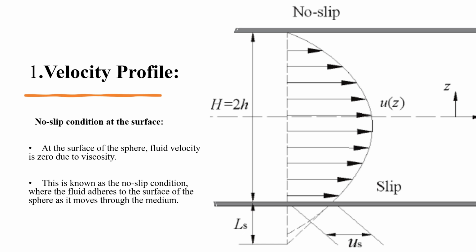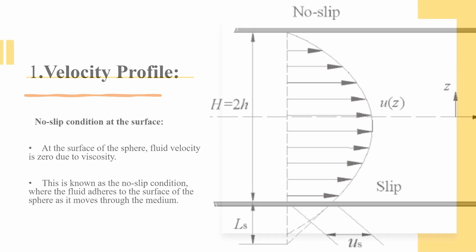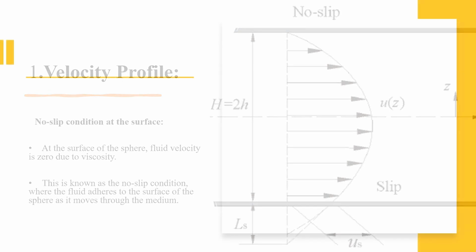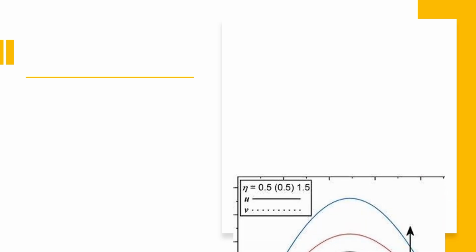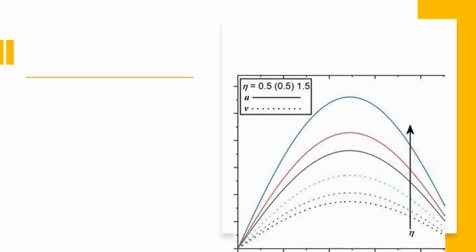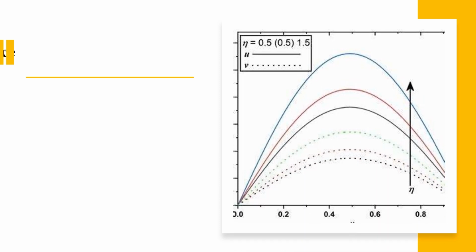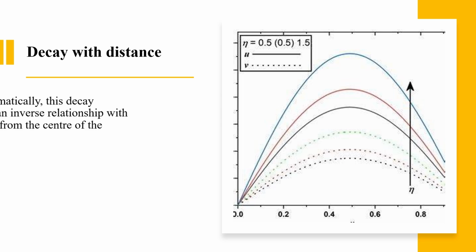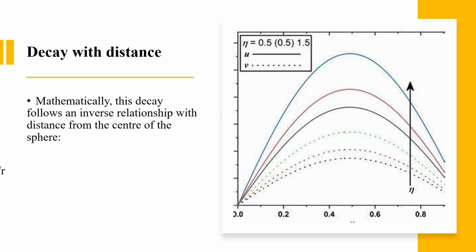This relationship is important because it helps us understand how momentum is transferred from the sphere into the surrounding fluid. The viscosity of the fluid spreads this effect over larger distances, meaning that even far away from the sphere, the fluid feels the impact of its motion, though not as strongly.